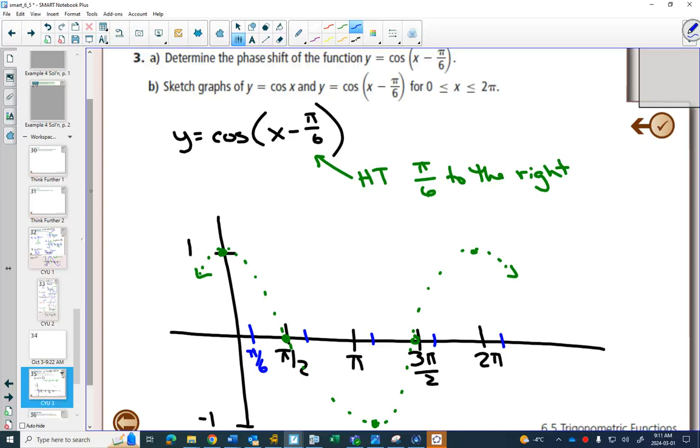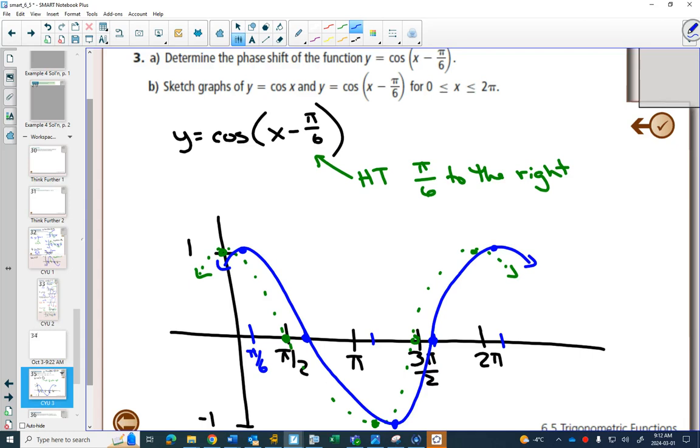And then, for a shift of pi over 6 to the right, we have our original graph in dotted line in green. I can now just take this point and shift it over, take this point, shift it over, take the minimum, shift it over, take the middle, shift it over, and take the maximum and shift it over. And my graph will look like this.